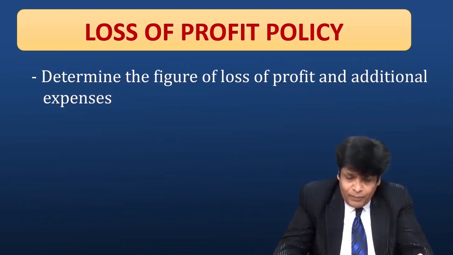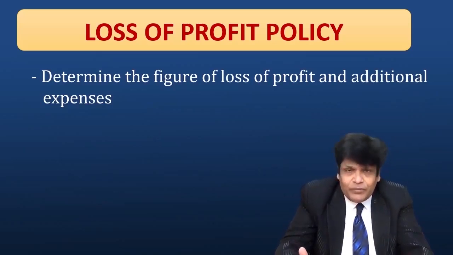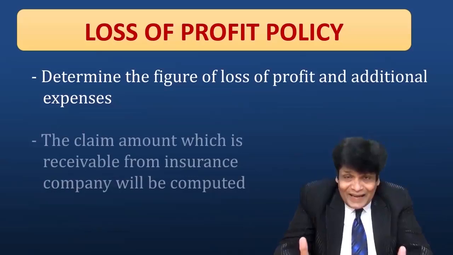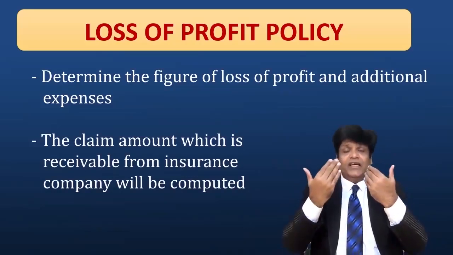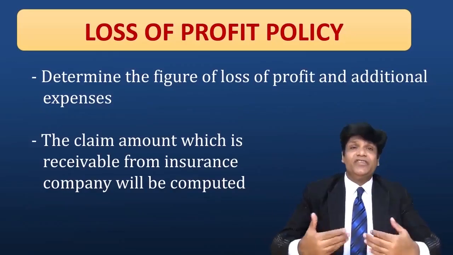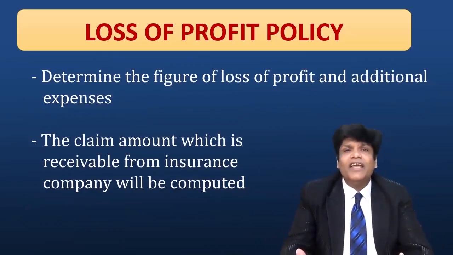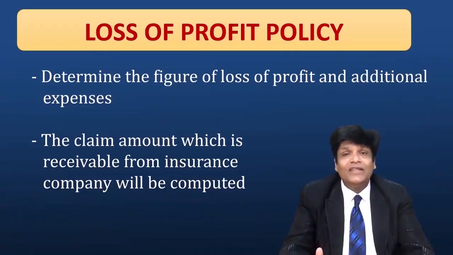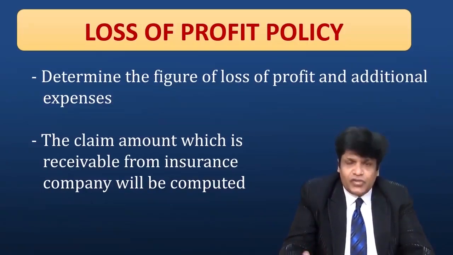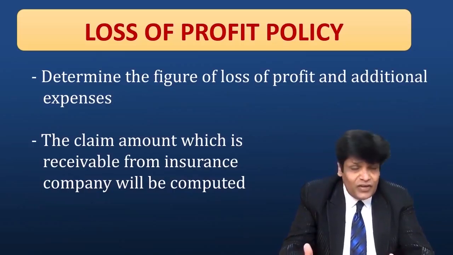And once this chapter is completed, we will also come to know the claim amount which is receivable. I repeat, the claim amount receivable from the insurance company will be computed once the loss of profit policy is done. That all relates to loss of profit policy.